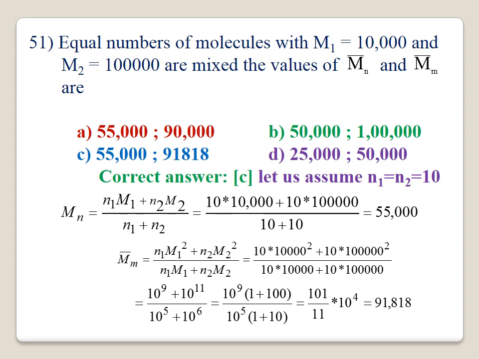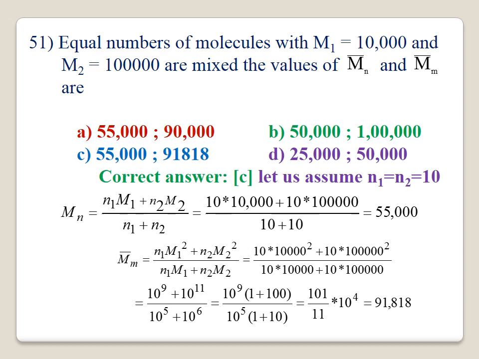The number average molecular weight is N1 M1 plus N2 M2 divided by N1 plus N2. Equal numbers of moles of M1 and M2 are taken. Let us assume the value of N1 equal to N2 equal to 10. Therefore, 10 multiplied by 10,000 plus 10 multiplied by 1 lakh divided by 10 plus 10. You calculate it. The number average molecular weight is 55,000.